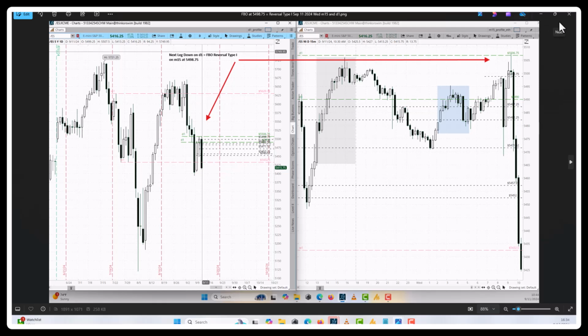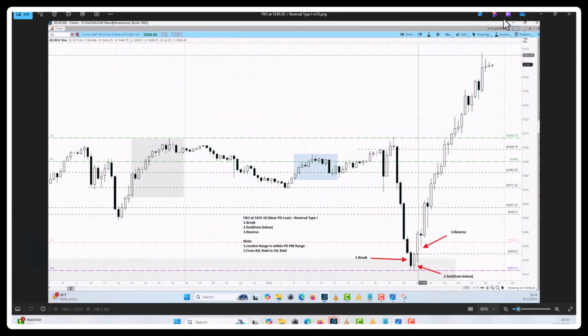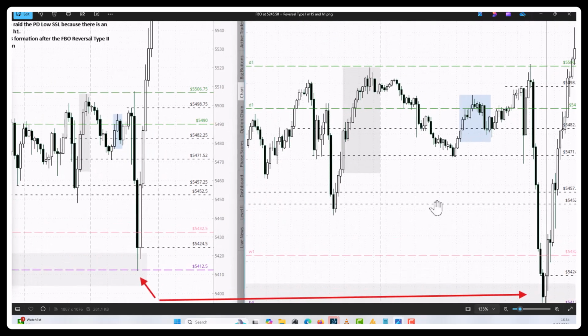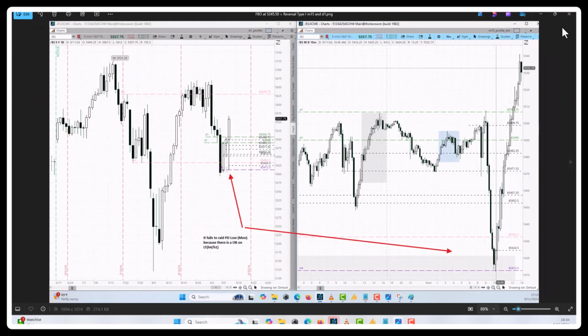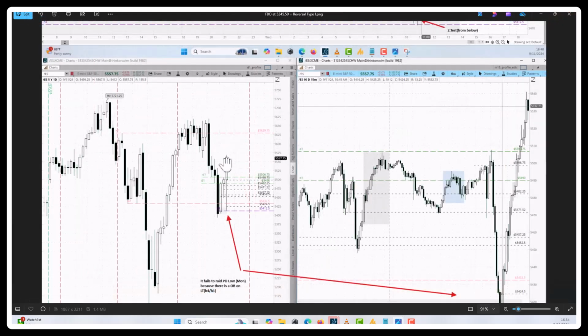We need to show that. You see, it's supposed to be a down close. It's going to make a second leg down, but it flipped. See, it flipped. Let's close this. You see, it flipped right there.